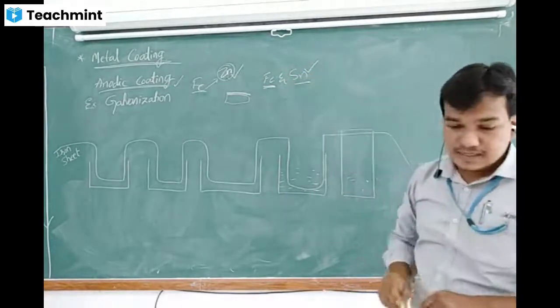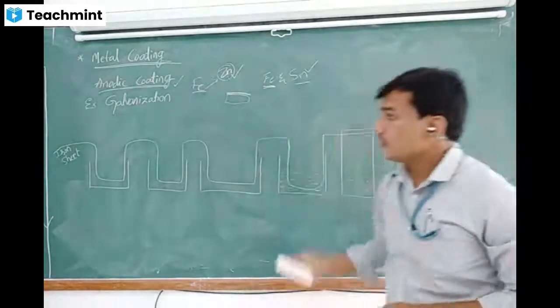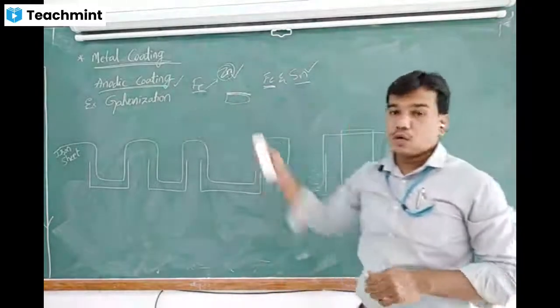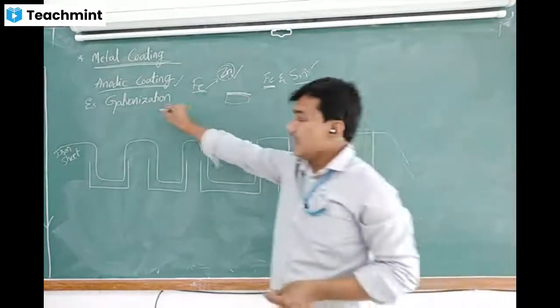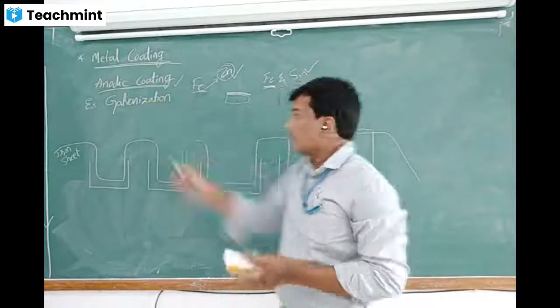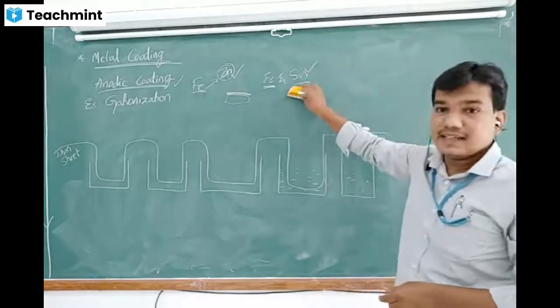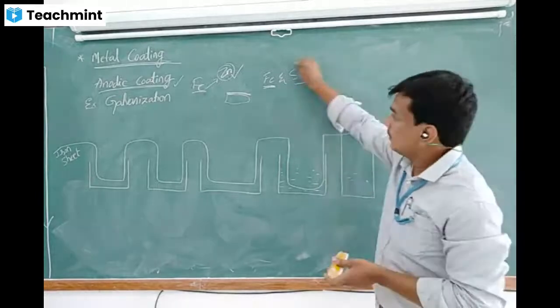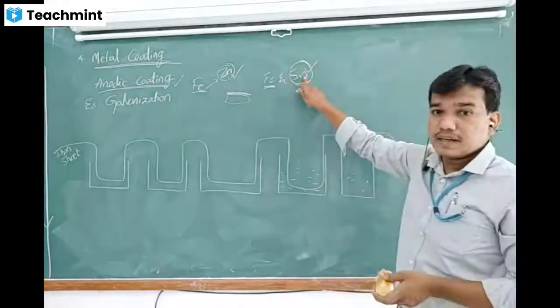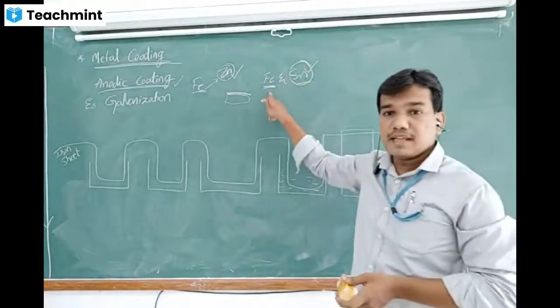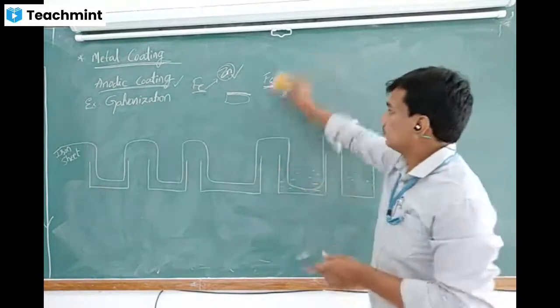For your syllabus, they have mentioned only anodic coating. The best example is galvanization. For cathodic coating, we call it tinning. Tinning means coating tin metal on the base metal surface.